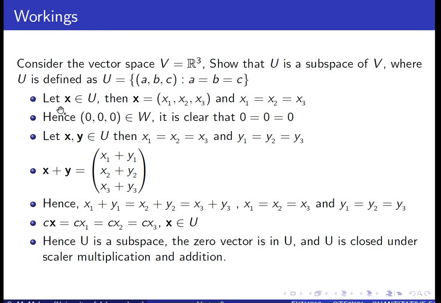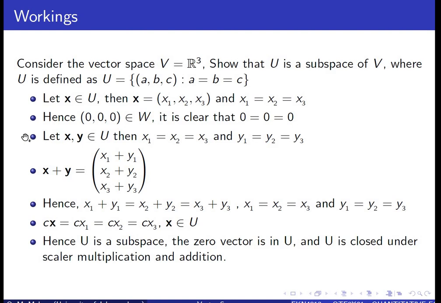So let X be in U. I take any vector X. Then X1 equals X2 equals X3. That's just how the set U is defined. It's like with the fruit example: I have a bowl of apples, and when I say the fruit is in that bowl, obviously you can say such a fruit is an apple. So when we say X is in U, it should automatically follow that every component is equal to the other.